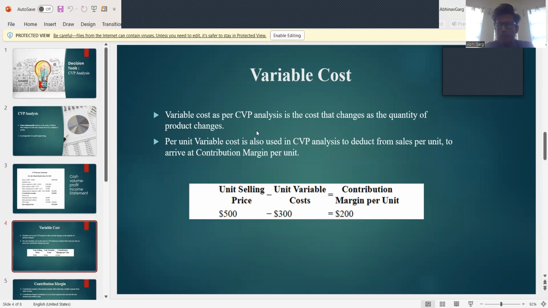Per unit variable cost is also used in CVP analysis, deducted from sales per unit to arrive at contribution margin per unit. So unit selling price minus unit variable cost equals contribution margin per unit. Like we have a selling price of $500 and variable cost of $300. So contribution margin per unit is $200. It's very easy to find.